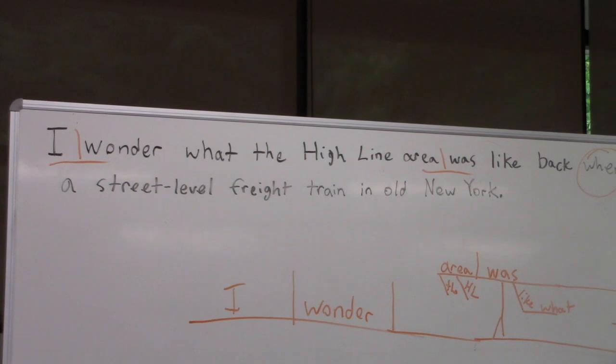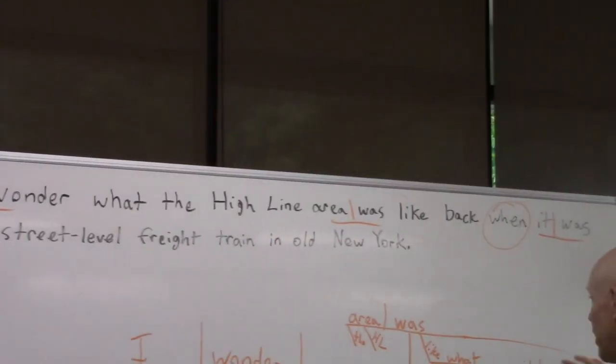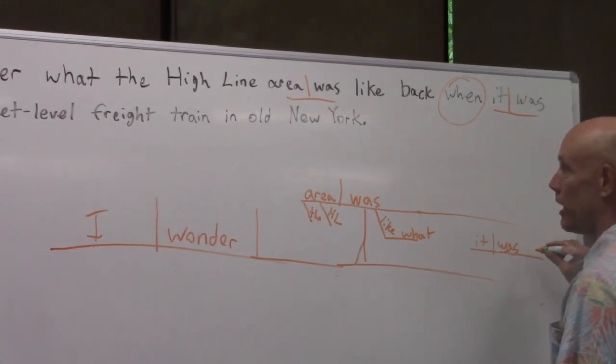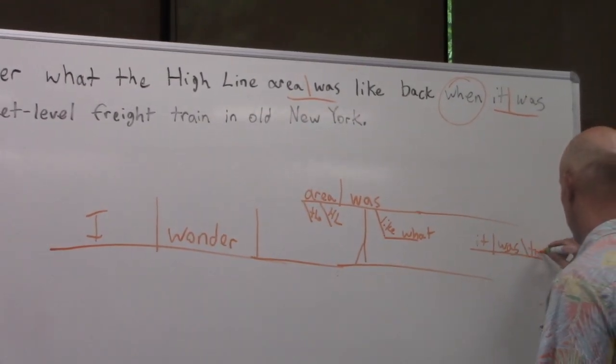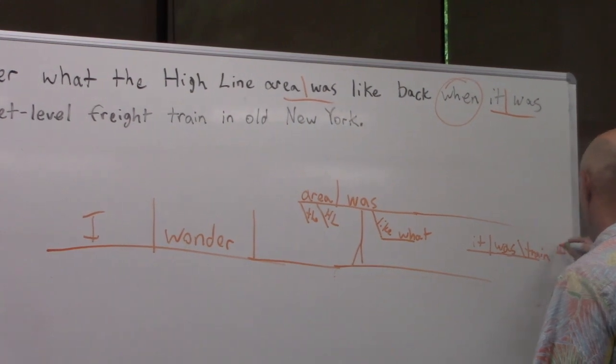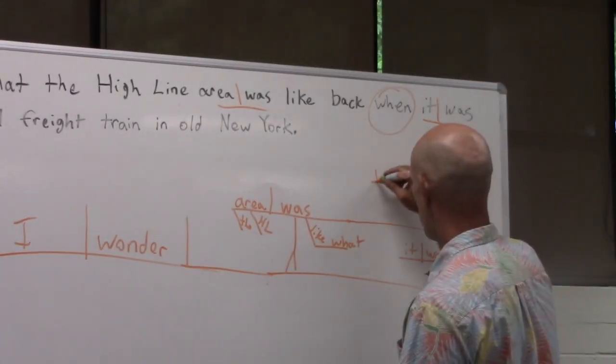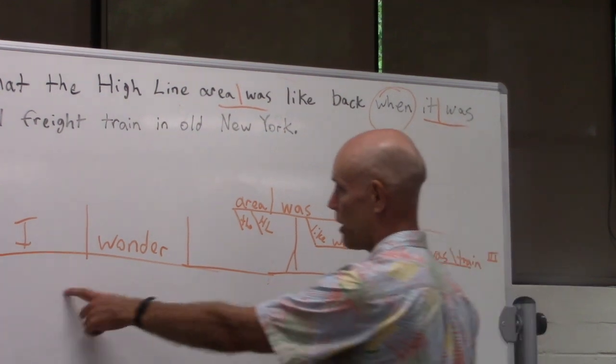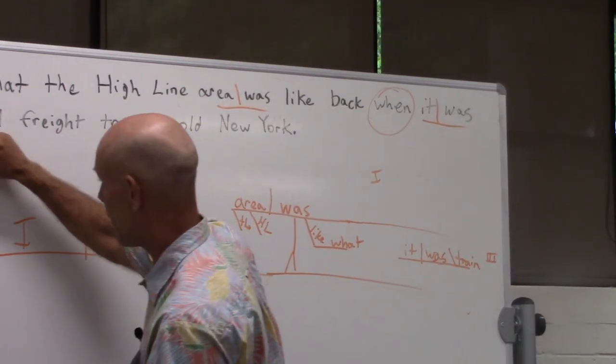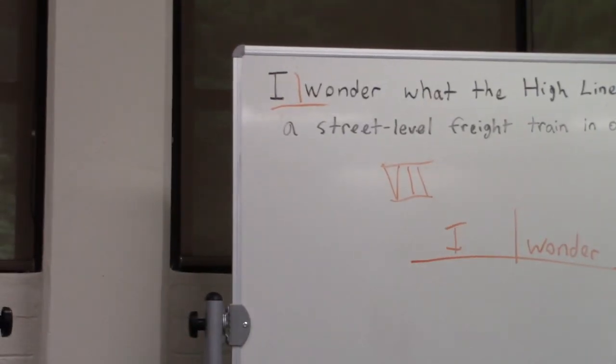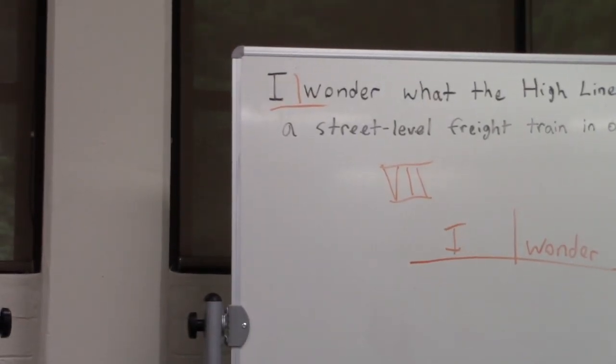Here's our clause here, and it's our adverbial subordinate clause, adverbial to this was, right? It was a train, is that it? So this is our pattern 3. This is a pattern 1 here, and this, of course, noun phrase 1, noun phrase 2 makes it a pattern 7. When it was a, what kind of train?